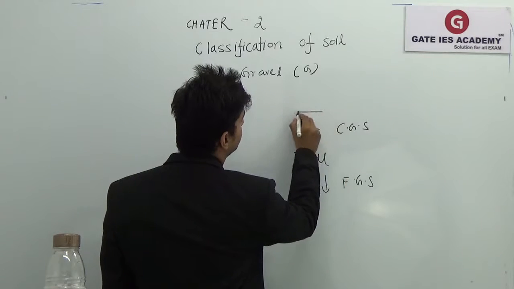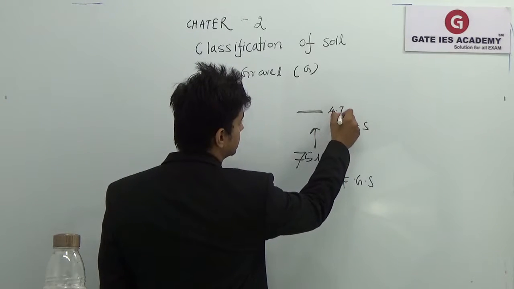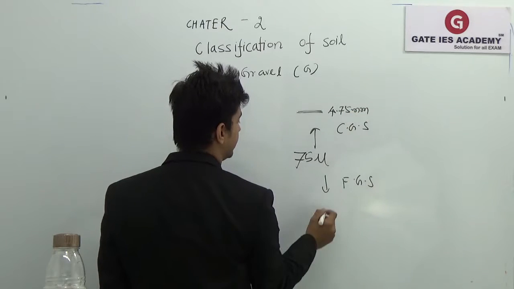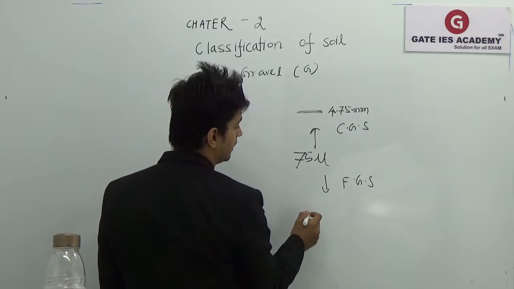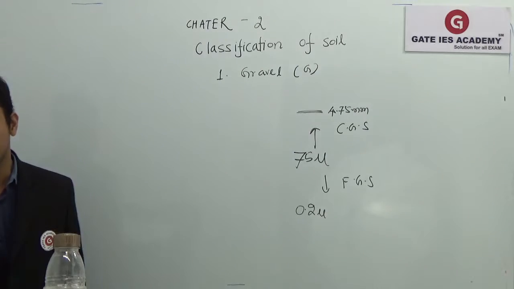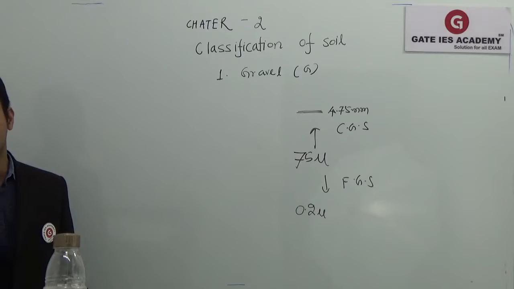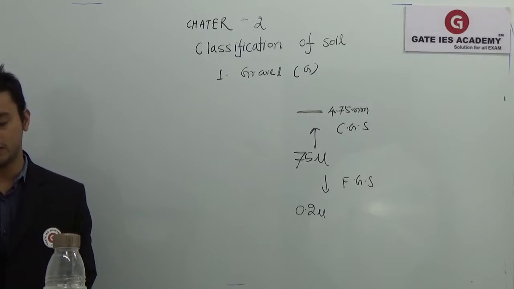Now here also we have two limits. One is the 4.75 mm limit, and after this we have 2 micron. Okay, so you can say 2 micron, 0.2 micron. What we have is the fine-grained property.